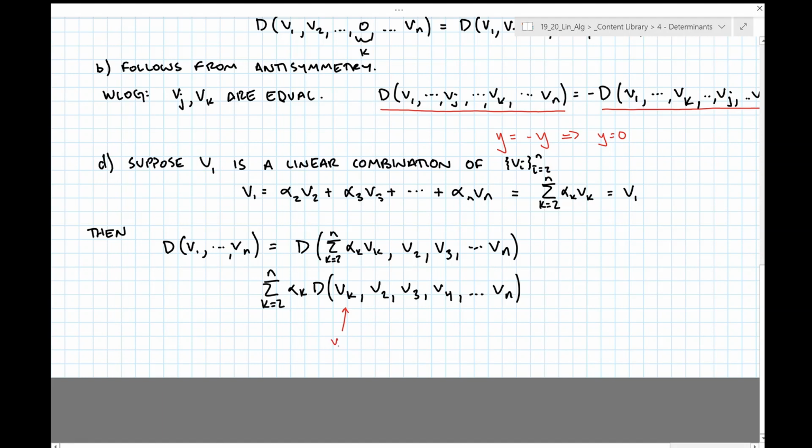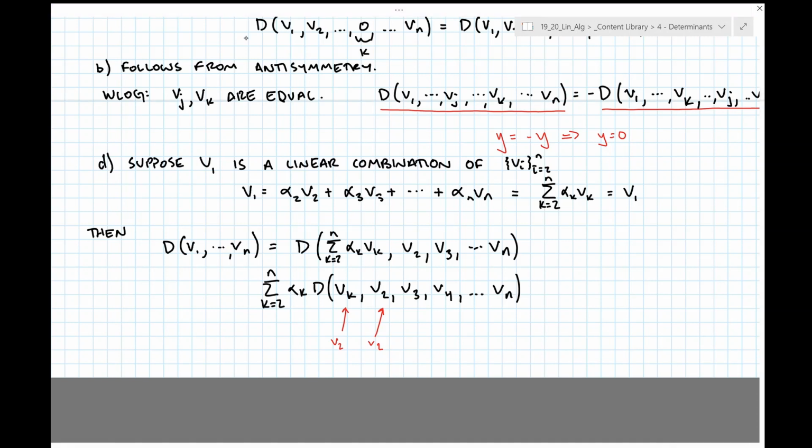In the first term, this is V2 and this is V2. Because we have equal columns, that's 0. And in the second term, when my index shifts over to k equals 3, this will be V3, and V3 shows up again, and V4 shows up again, and V5 shows up again.